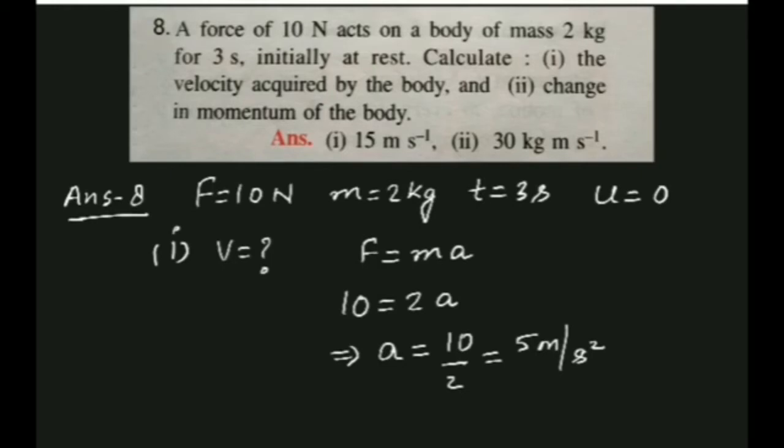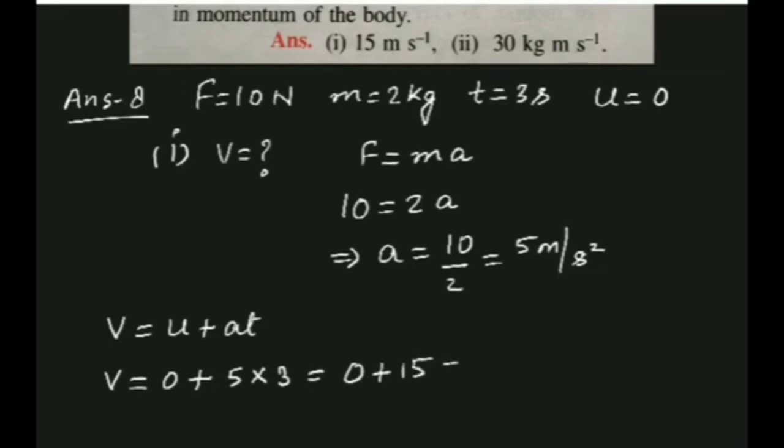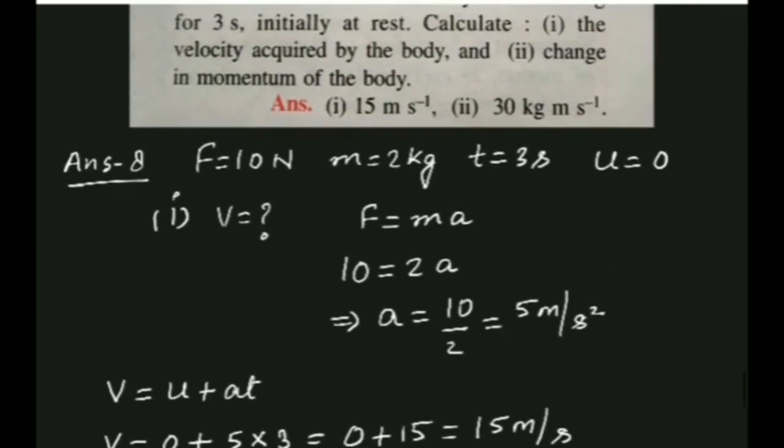So what is the first equation of motion? v equals u plus at. u is 0, acceleration is 5 and time is 3. So it will be 0 plus 15, or you can say 15 meter per second. This is the answer of the first part.